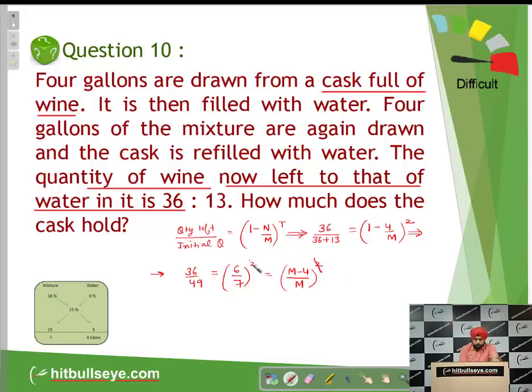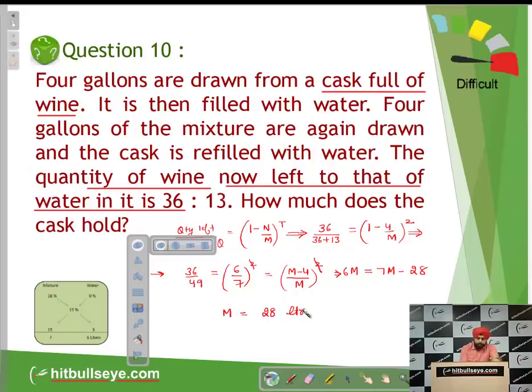Cancelling the square, students, you get 6m is equal to 7m minus 28. Now here m comes out to be 28 liters. So this 28 liter becomes your answer, students.